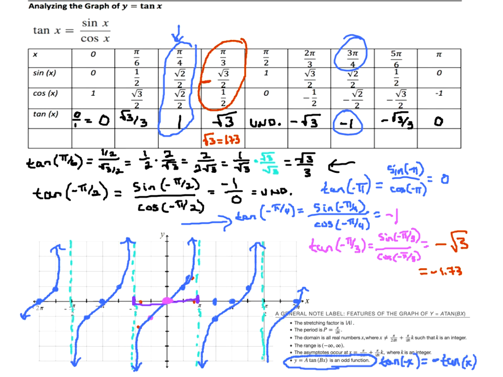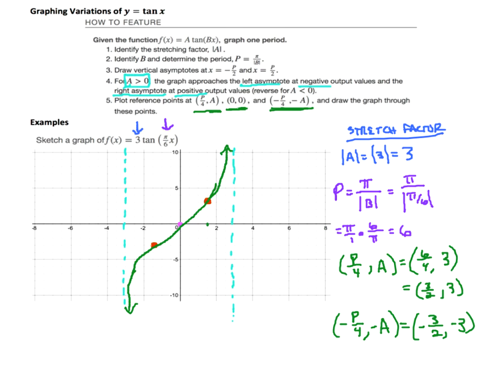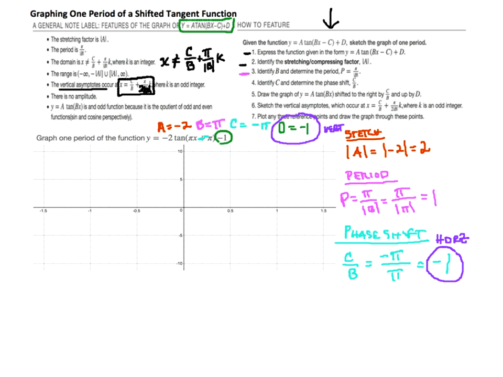Remember, it went through the point 0, 0. So because I'm shifting negative 1, that point 0, 0 moves to negative 1, negative 1. So I'm going to go ahead and put the point negative 1, negative 1 on my graph, and that is right here.